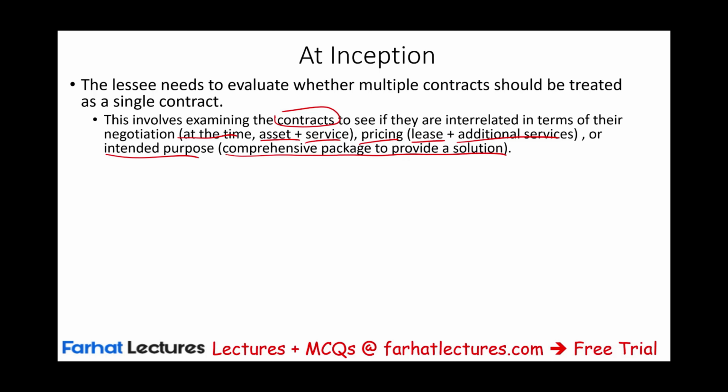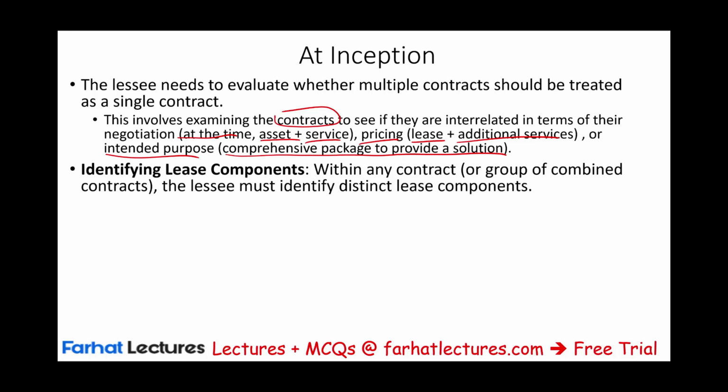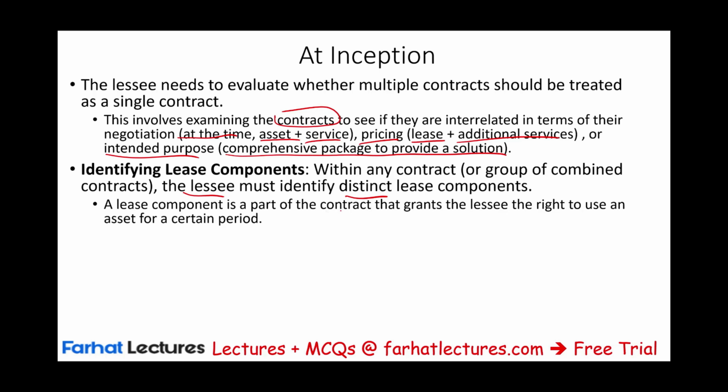You also have to identify lease components. With any contract or group of combined contracts, the lessee must identify distinct lease components. Like in the prior example, we have network equipment and we have hardware. A lease component is a part of the contract that grants the lessee the right to use an asset for a certain period of time. Network equipment, and what else? And the server.